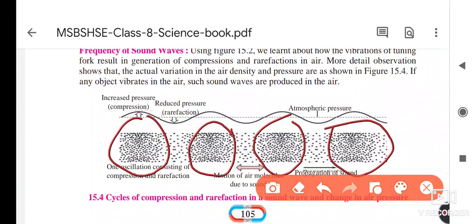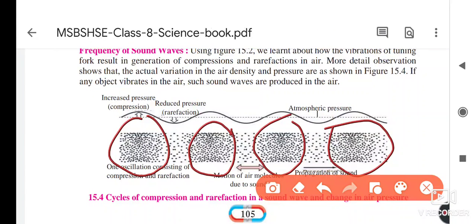When the compression increases, the density of air also increases, while reduced pressure is produced at another place. It creates rarefactions, so the density of air is low. After a certain period of time, the density of air increases again. It is called compression.